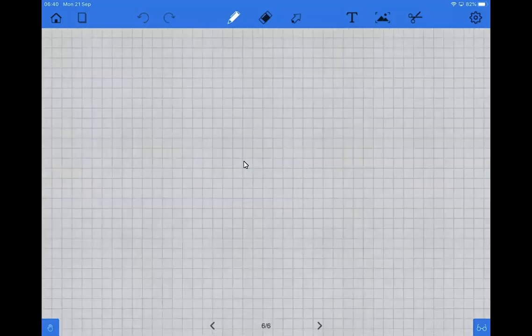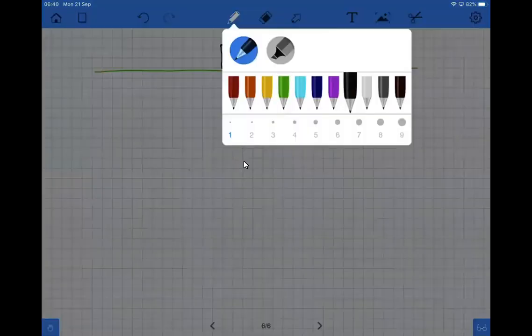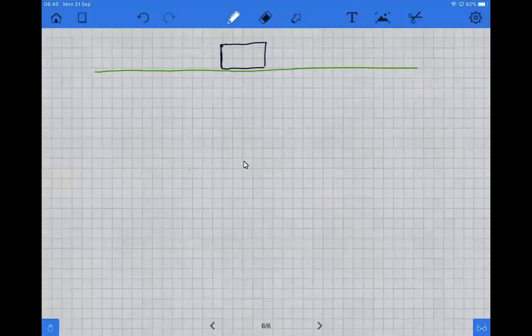But before that, you must know that if something is sliding against another surface, then the friction acts against the slide.